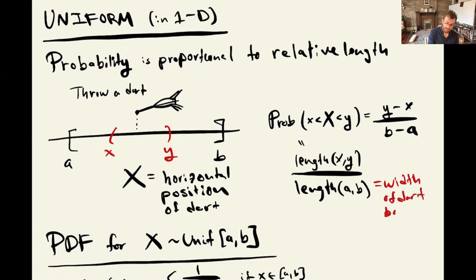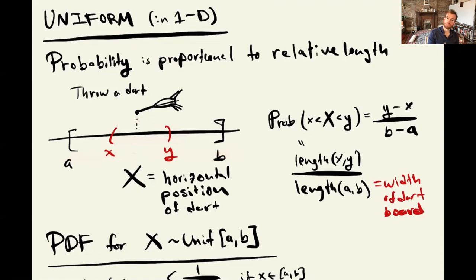And again, this assumes I always hit the dartboard. I'm saying essentially that there's no possibility that I might not hit the dartboard, which for some people might be more likely than not. So since I'm saying probability is proportional to relative length, what I just need to do is compare the length of this versus the length of the overall window.